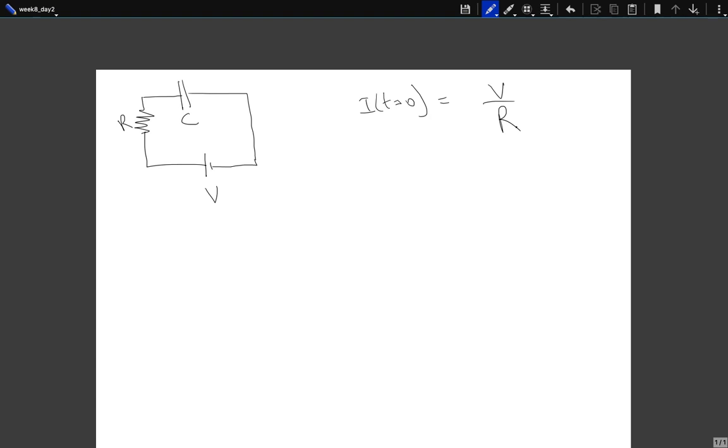Now let's say we wait for some time. The capacitor will be charged. So the left plate, or the left terminal, will it be positively or negatively charged? It will be positively charged because it is connected to the positive terminal of the battery. The other plate will be negatively charged.